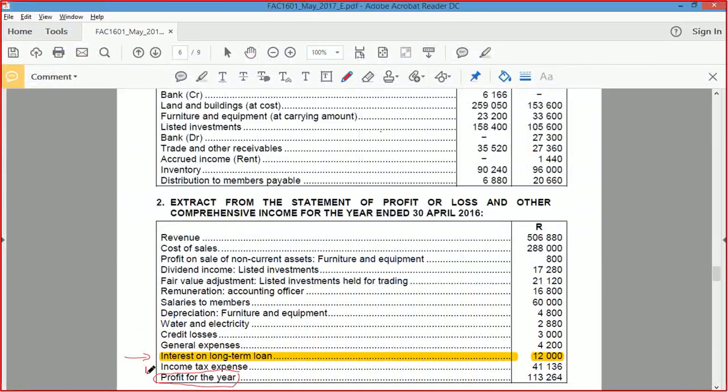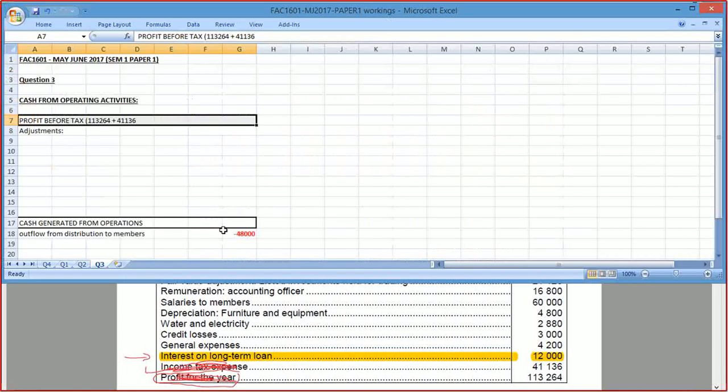Okay, so there's the first bit. Now I can tick this, or I can even cross it out. I've done it. Interest on long-term loan. Would the interest on long-term loan have been part of the profit before tax figure? Yes, it would have. So you have to add it back, because you would have subtracted it.